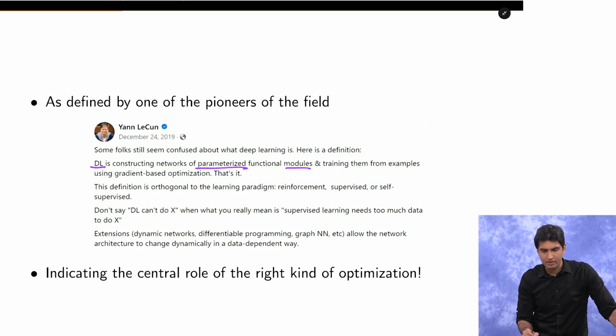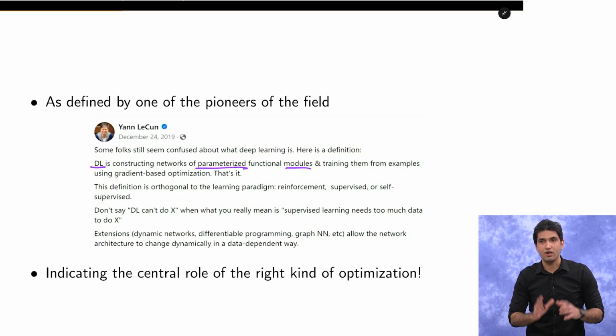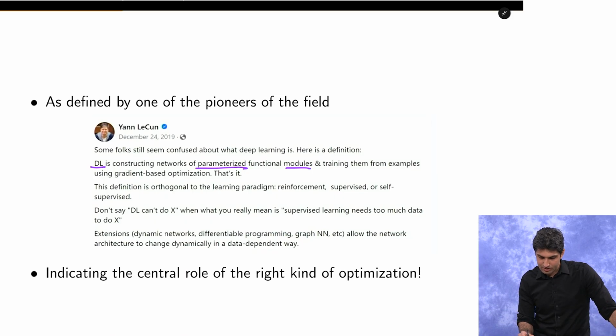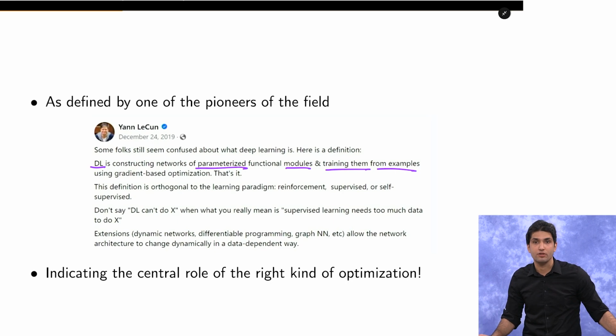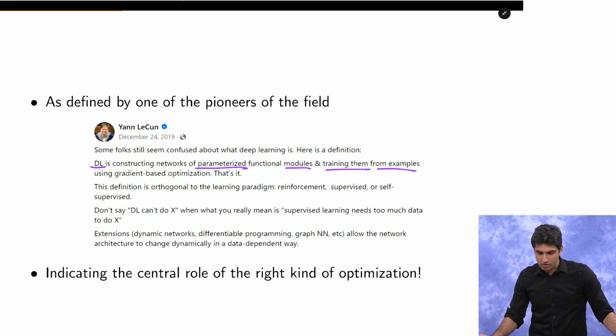Okay, so this you can think of as designing a very, very large scale artificial neural network and training them from examples. So this means that this large over-parameterized model that you've defined, you want to fit it to the training data.